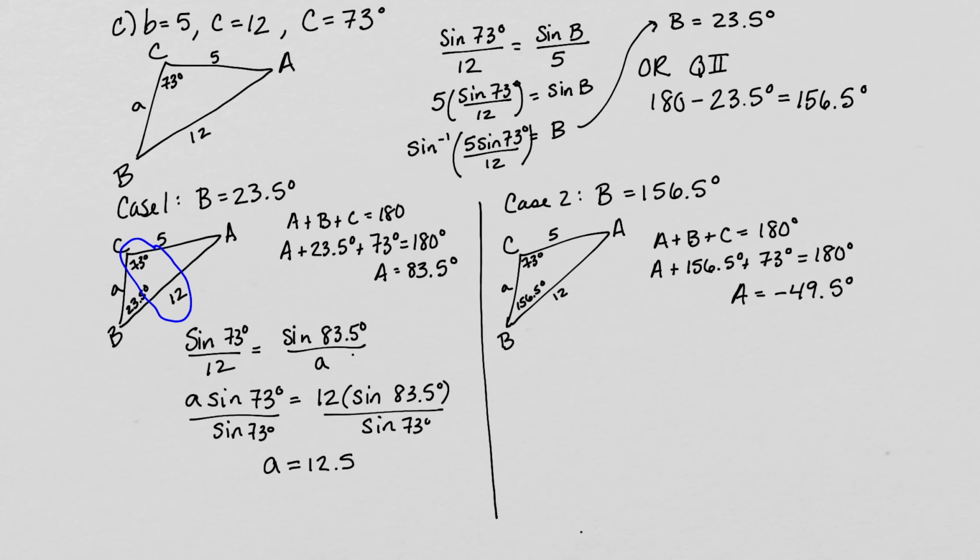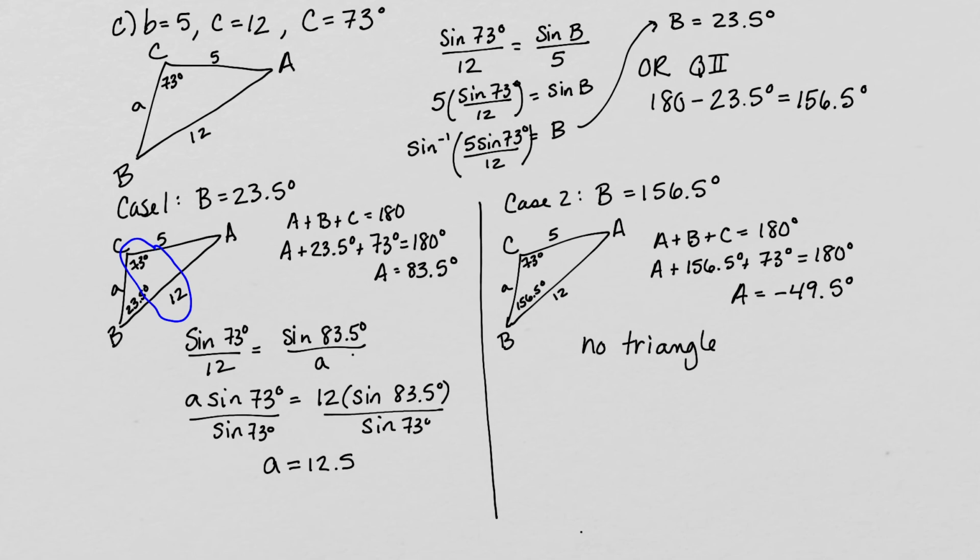So can an actual physical triangle, like a triangle that I draw, have a negative angle in it? Nope. So case 2, there's no triangle for case 2. We don't get anything from case 2. So in this case, we only get one answer.